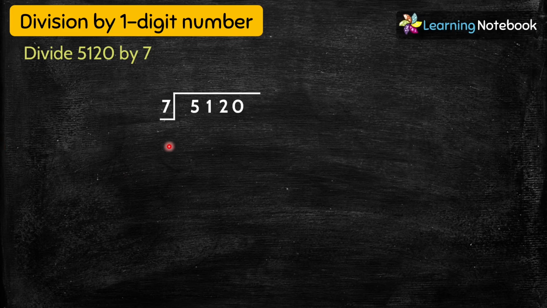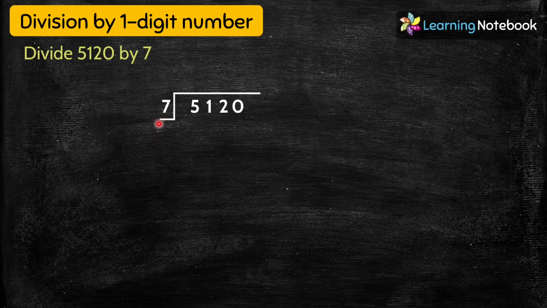Now students, we have to divide 5 by 7. But 5 is smaller than 7. So it means we cannot start with the division. So we will take 2 digits here, that is 51. We have to divide 51 by 7.